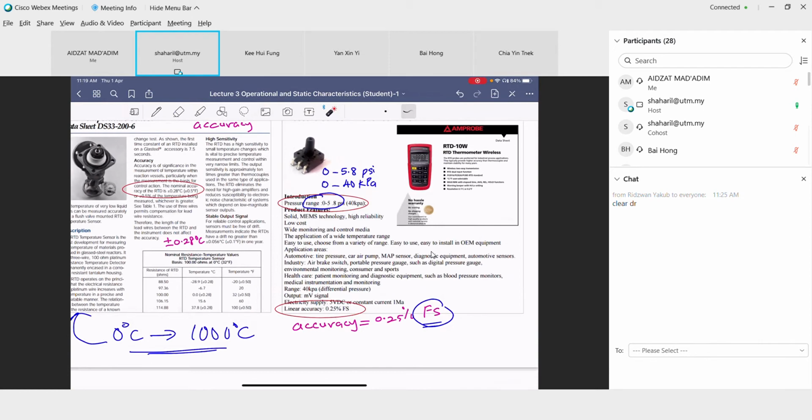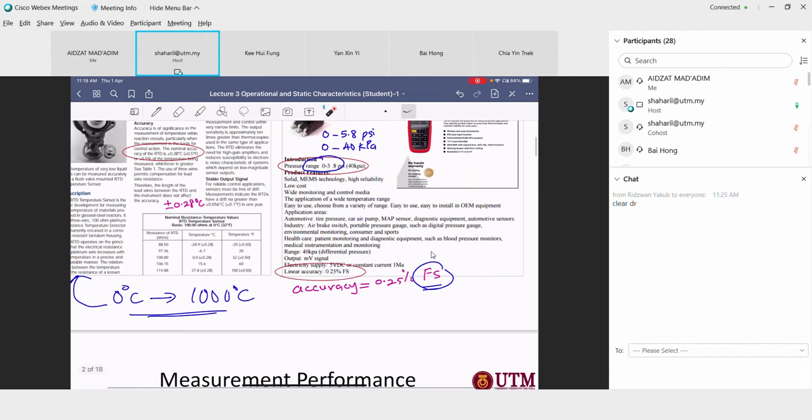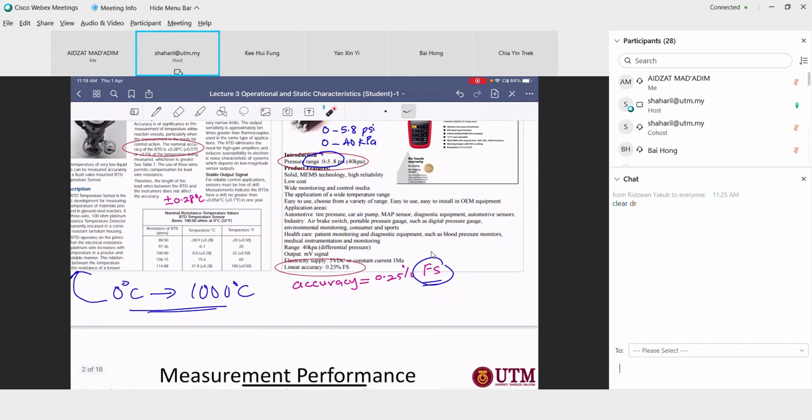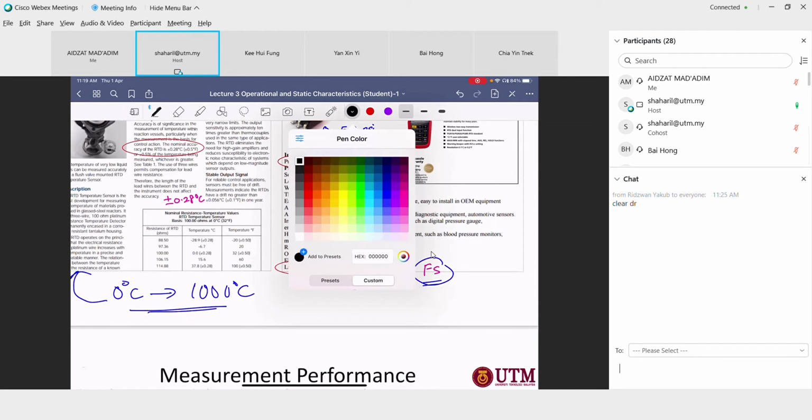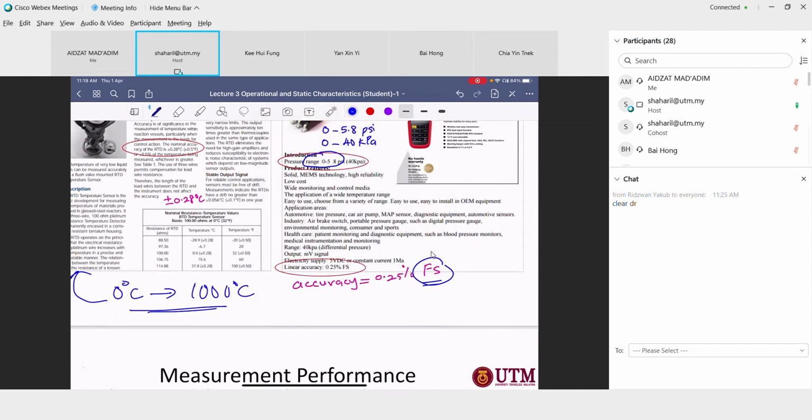So for example, the smallest value that you're going to measure is maybe 10 kPa, which is very small.